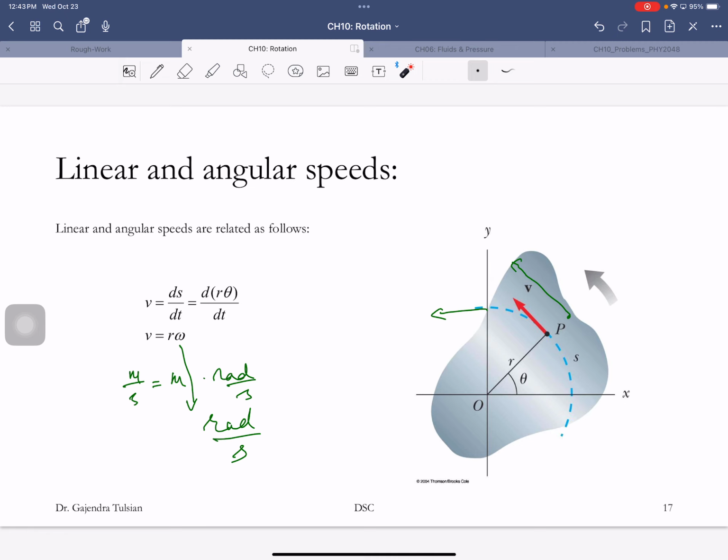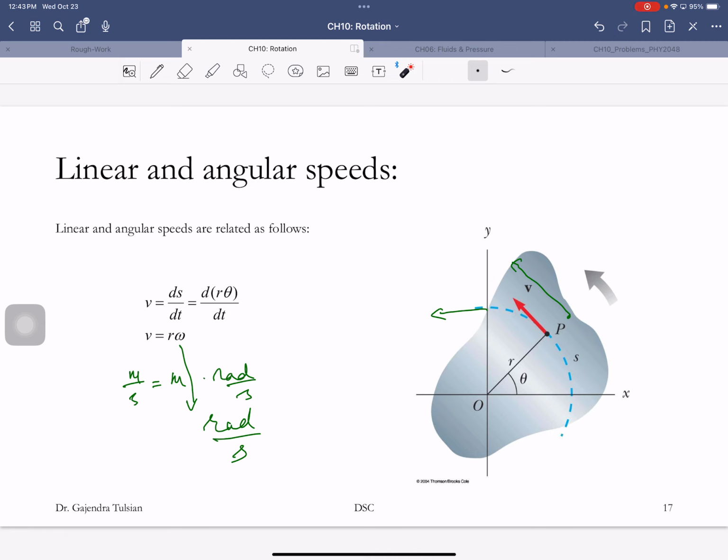When this object is rotating, the axis is coming out of the sheet. The faster it's rotating, the faster this point is going around in a circle. The speed of this particle is related to the angular velocity like so. The further you are from the axis, the bigger the circle you have to make and the faster you have to go.